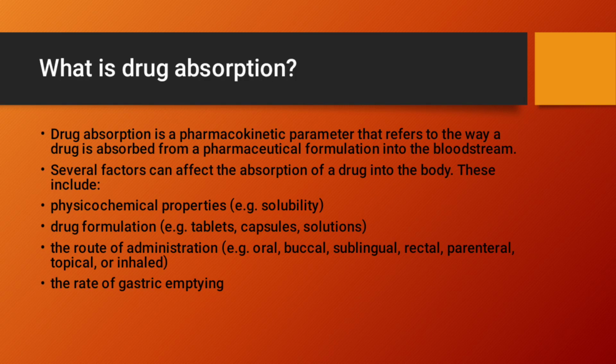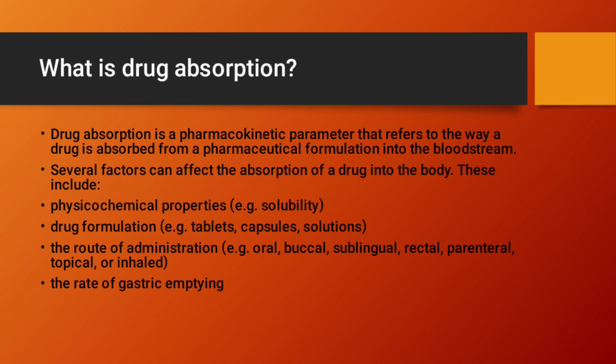into the bloodstream. Several factors can affect the absorption of a drug into the body. These include physiochemical properties, like solubility, and the drug formulation, either a tablet, capsule, or solution.